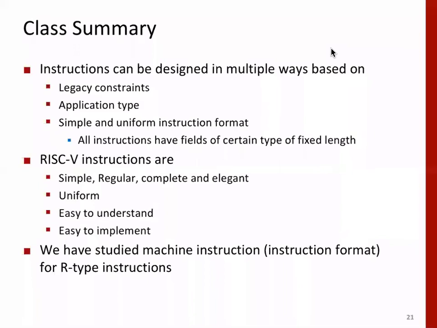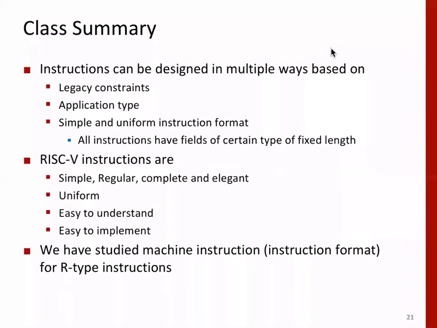To summarize, instructions can be designed in multiple ways. Sometimes there are legacy constraints. In case of Intel, for example, something that is compiled and object code available 20 years back must run today because our customers will not like it otherwise.